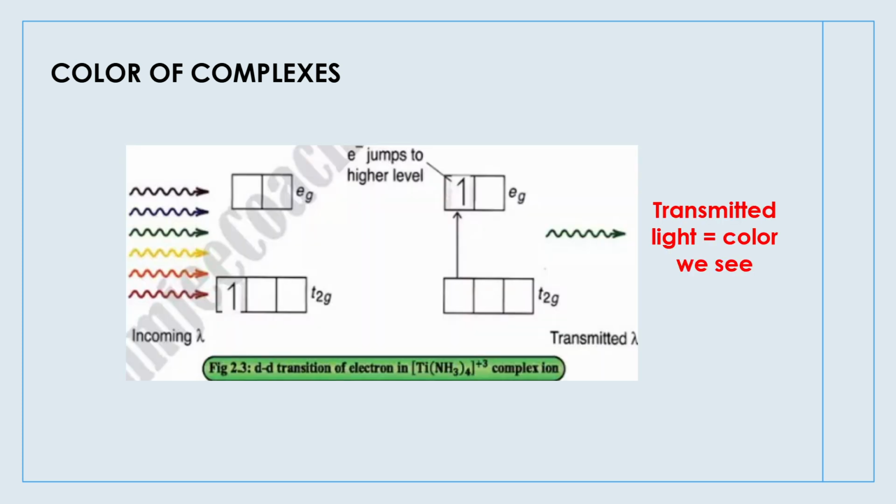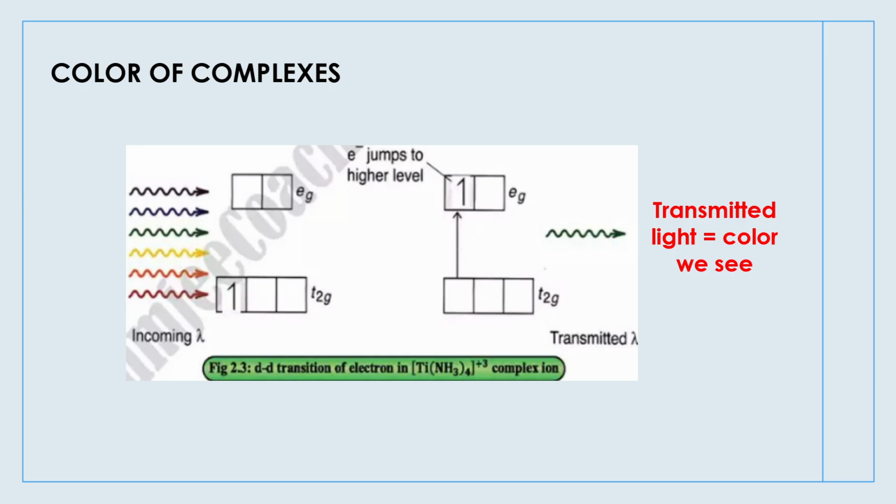Now how do transition elements show color? When the incoming light strikes the complex, electrons get excited and they move from the lower energy level, that is t2g, to the higher energy level, which is eg. Keep in mind that we are talking about the interaction of the transition metal and ligand.